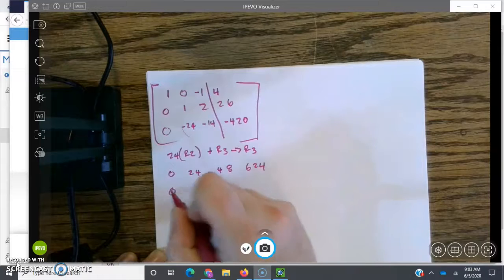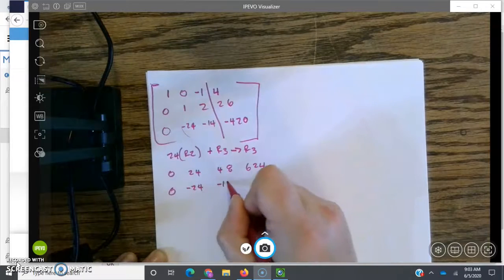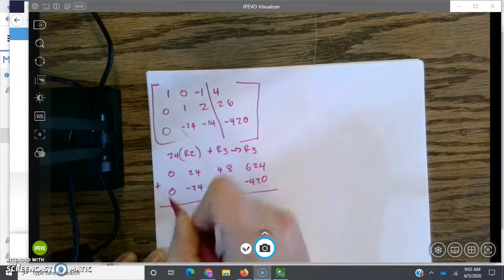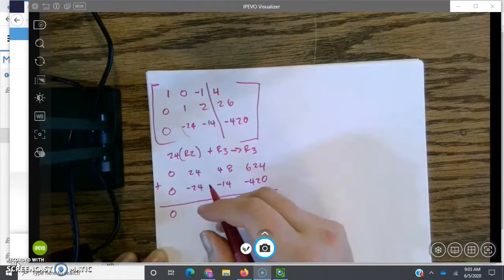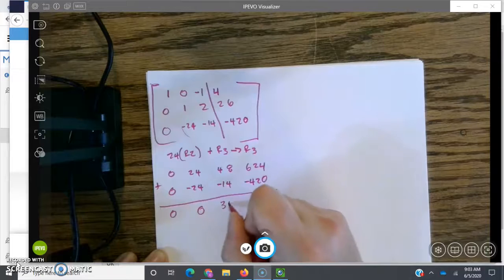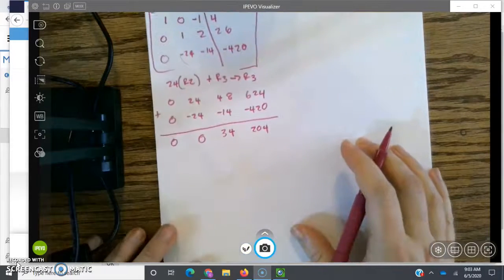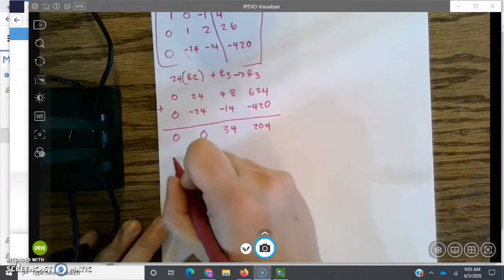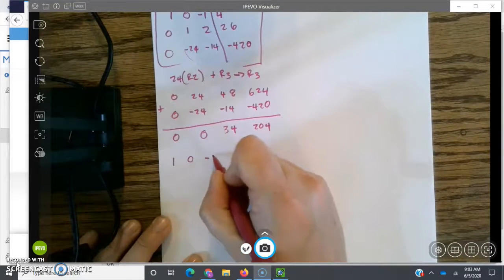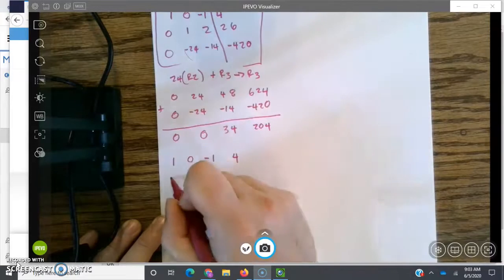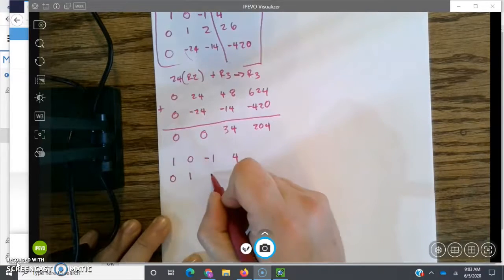Row 3, 0, -24, -14, -420. Add them together, 0, 0, 34, 204. So let's put that back in the matrix. Row 1 stays the same, 1, 0, -1, 4, and this is going in for row 3. Row 2 stays the same.